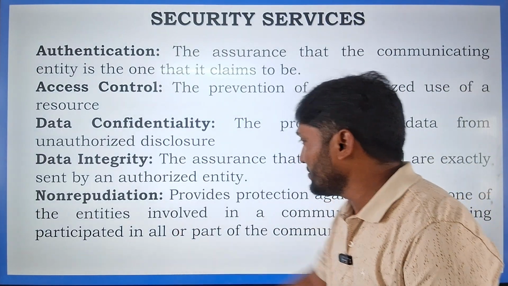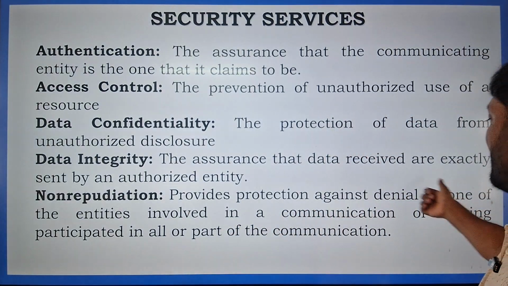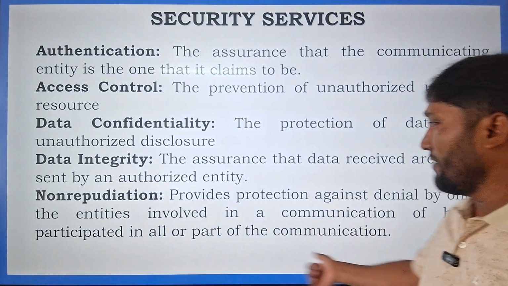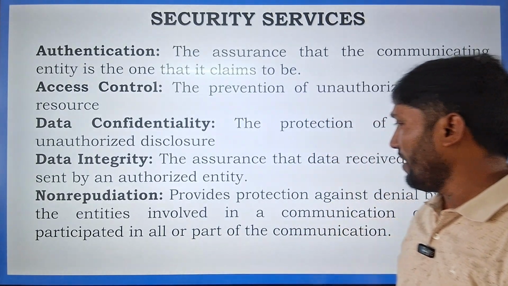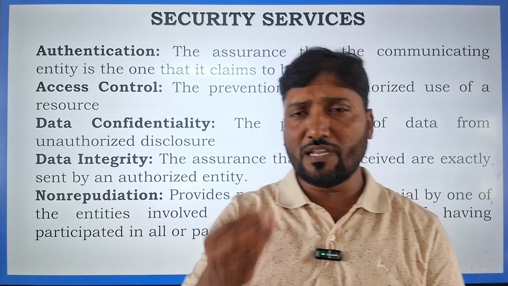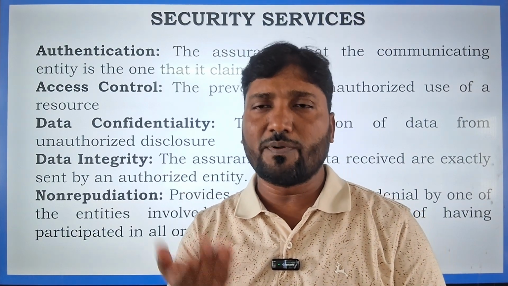What is non-repudiation? It provides protection against denial by one of the entities involved in the communication of having participated in all or part of the communication. If you do any communication, we must provide a proof. Suppose you receive a mail, that is proof that the message was received from the sender.